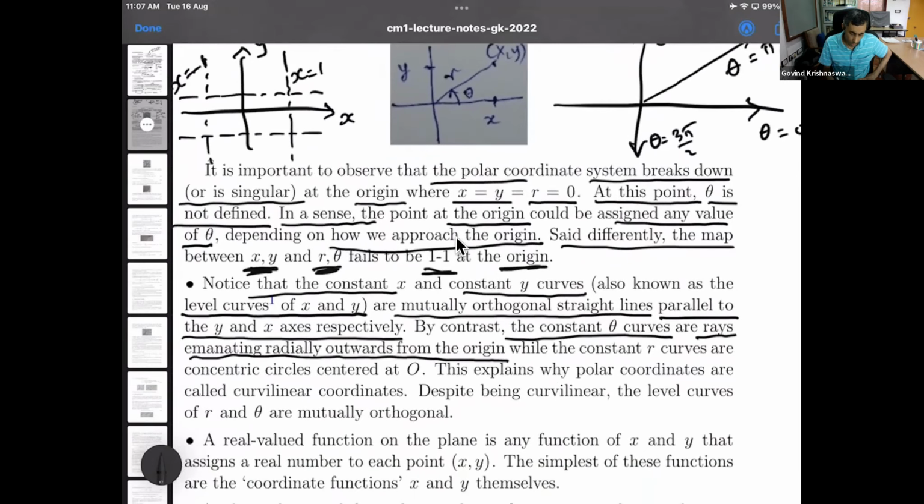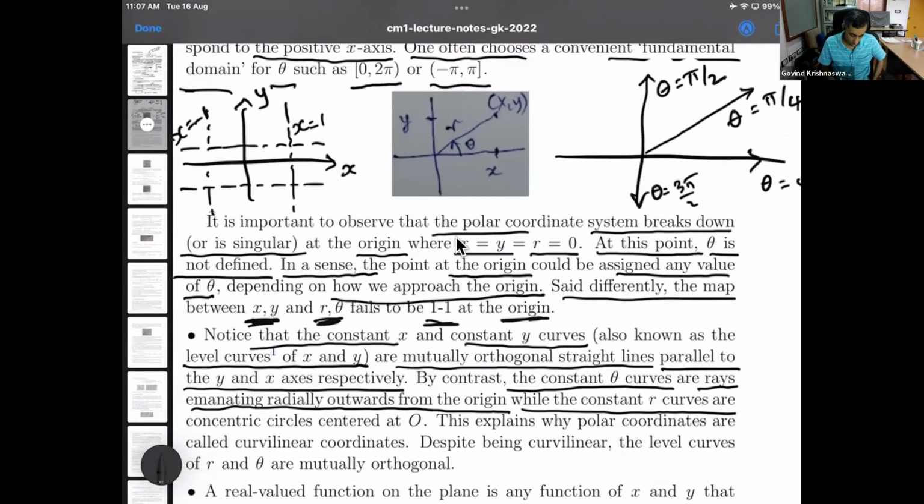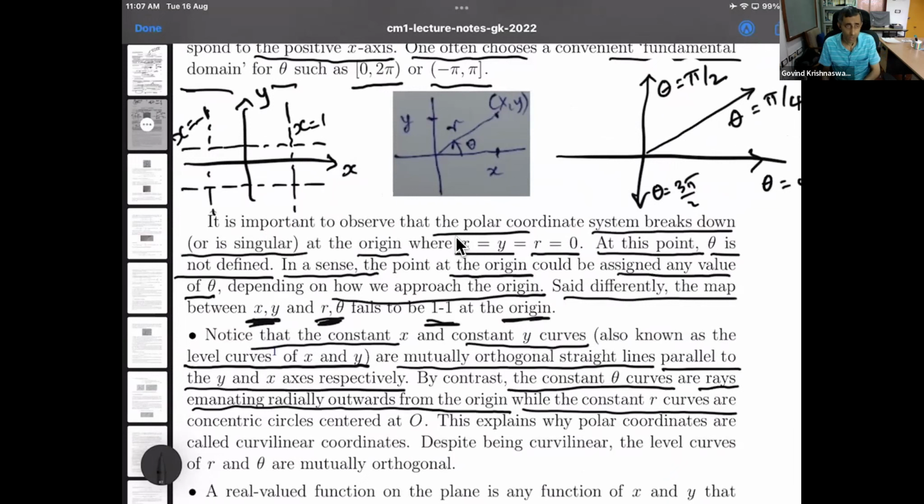On the other hand, the constant r curves, if r is a constant, then you get x squared plus y squared equal to constant. So these are circles when r is a constant. In fact, they are concentric circles, all centered at the same origin.